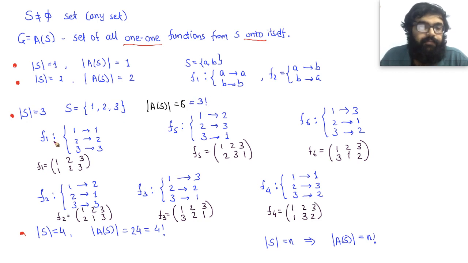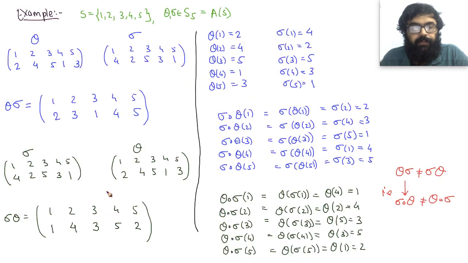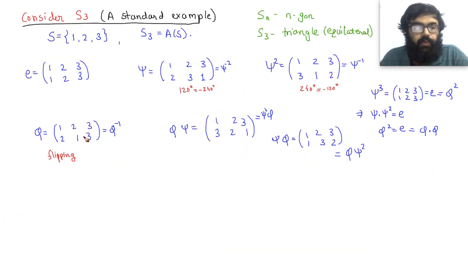So this is F1, which is identity for us. Then F2: 1, 2, 3 goes to 2, 1, 3. This is F2, this is F1, this is F3, and then 3, 2, 1, and then 1, 3, 2.